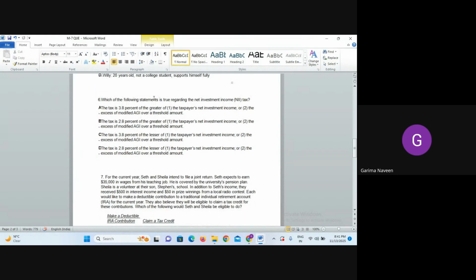Next: which of the following statements is true regarding net investment income tax? I did not discuss this topic. I think this will be given in your book.